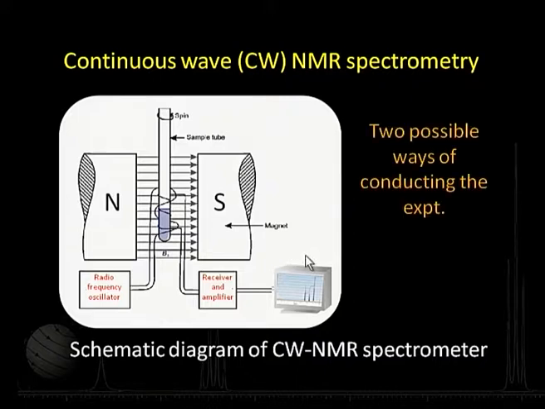That is made use of in this spectrometer, and there are two ways of doing the experiment. The first one is that we keep the magnetic field fixed, say 2.4 Tesla, 2.3 Tesla or whatever. We keep the magnetic field as a fixed one.